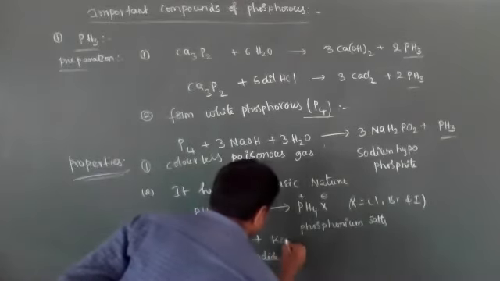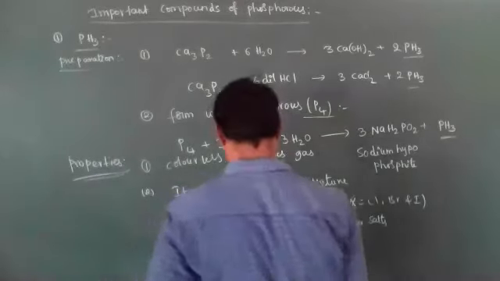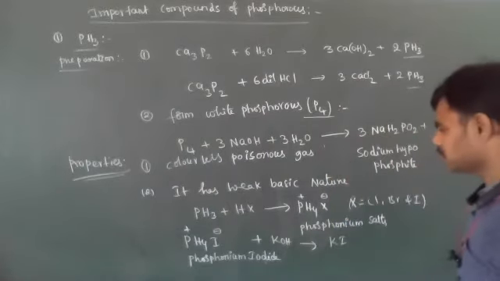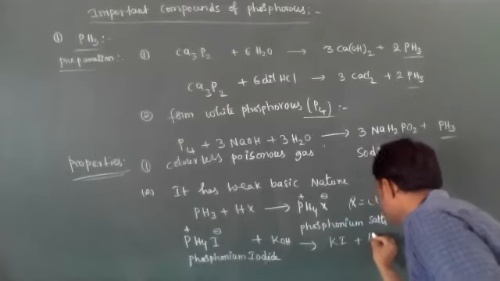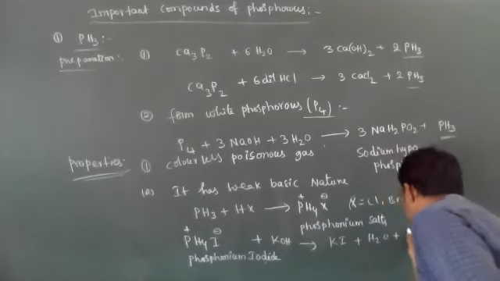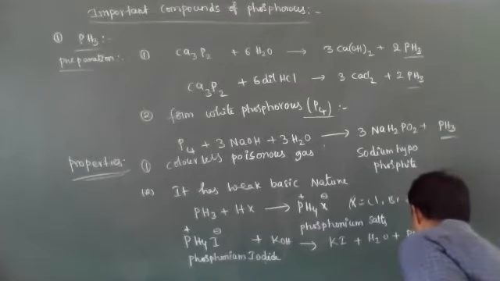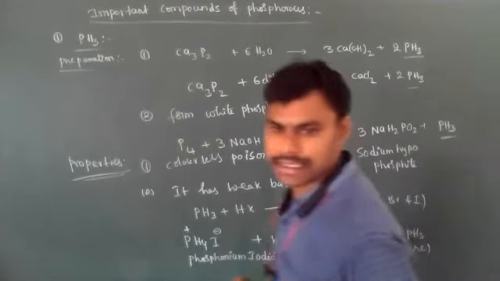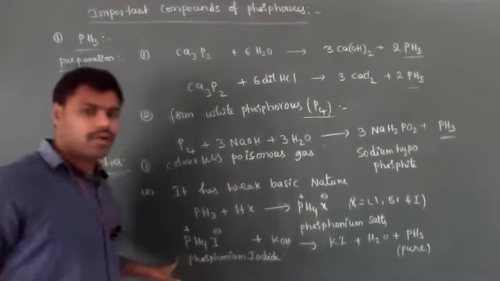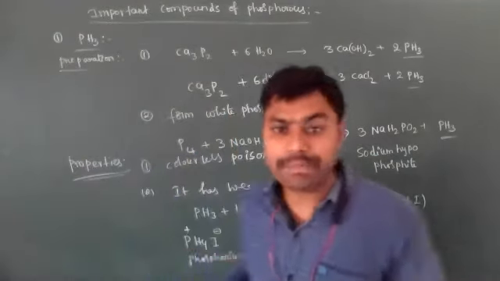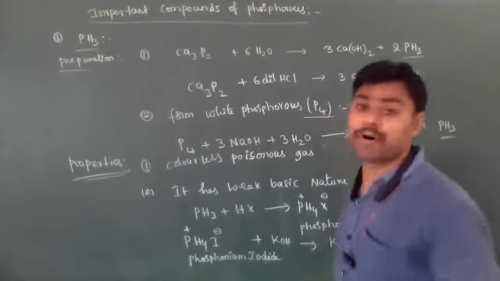With KOH it forms potassium iodide plus H2O plus PH3. Pure phosphine gas is prepared from phosphonium salts. This is the method for the purification of phosphine.